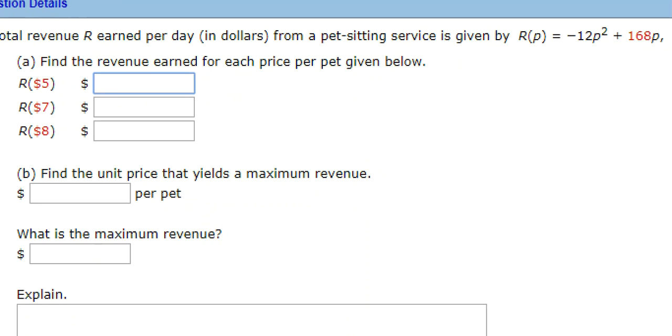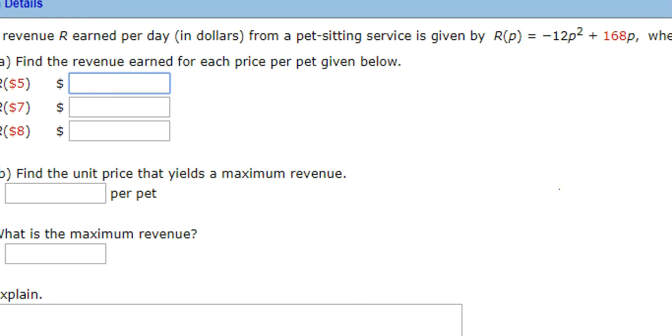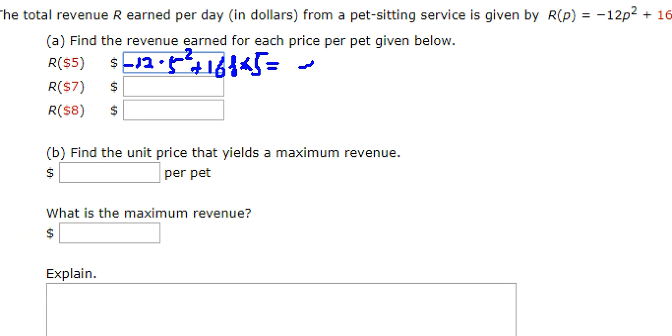We can use this particular formula: negative 12 times 5 squared plus 168 times 5, and you use your calculator to do the algebra. Similarly, you repeat this for $7 and $8 per pet sitting service to see how much revenue is generated. Different prices, of course, generate different revenue.